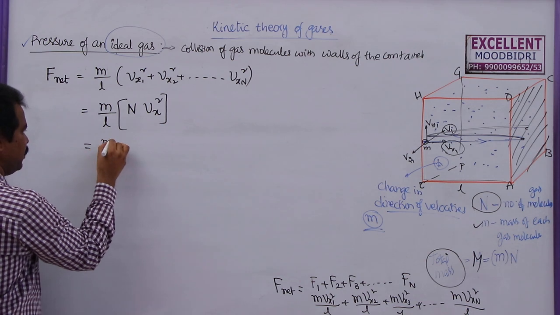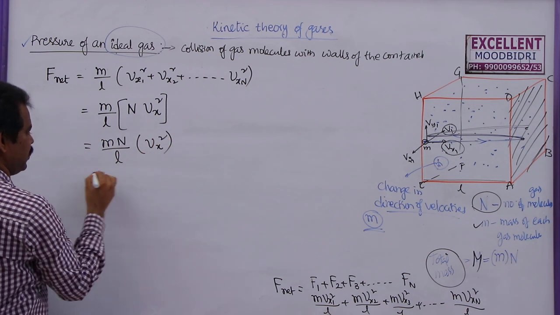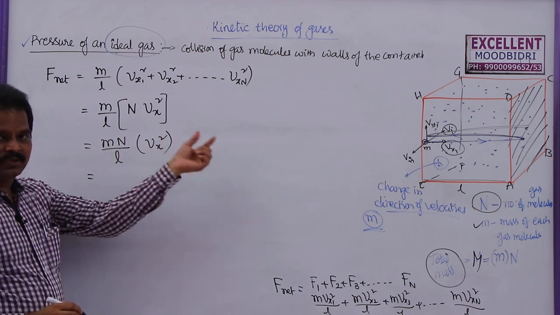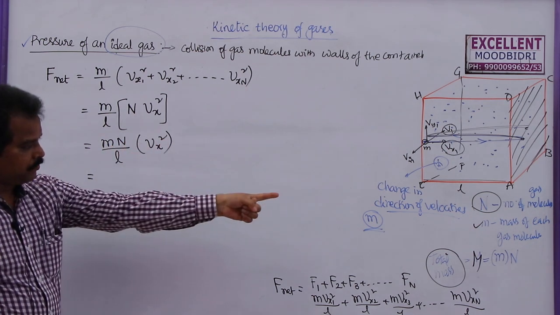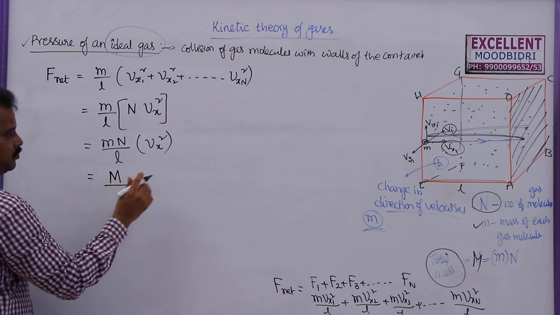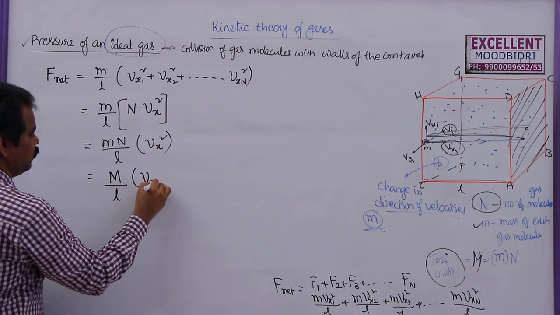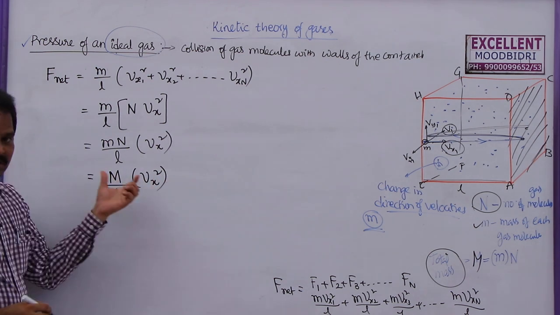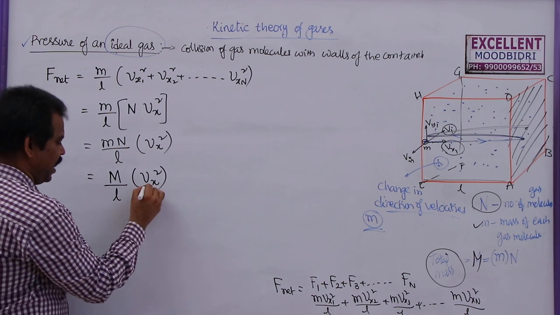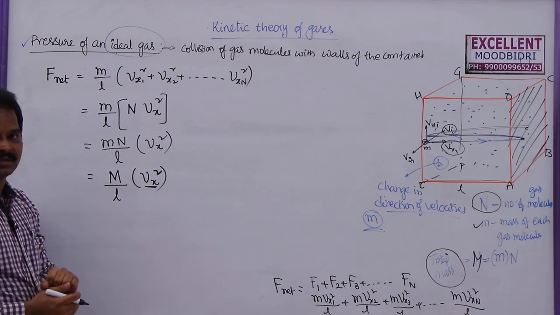This can be written as m into n by L vx square. But m is the mass of each particle, n is the total number of gas molecules, and this becomes the total mass of the gas in this container by the length of this container into vx square. So this is only the average square of the velocity of the gas molecule along the x-axis.